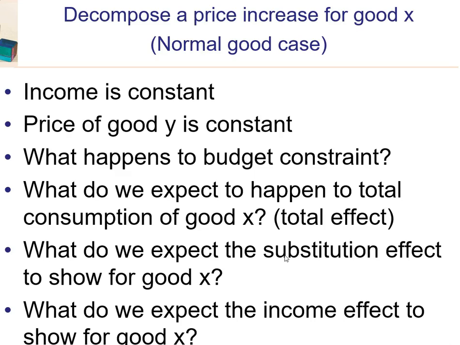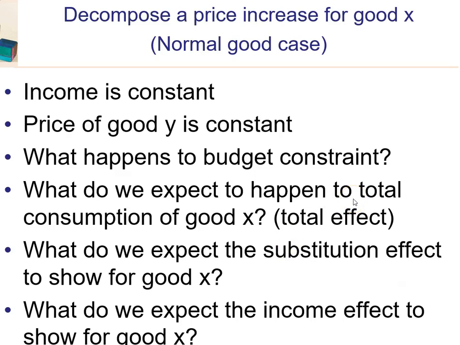We expect the substitution effect to cause us to buy less of good X because now we want to buy good Y since it looks like a relatively better deal. And the total effect adds these two effects up. So we are going to buy less of the good because the total effect reflects that both the substitution effect and income effect are buying less of good X.